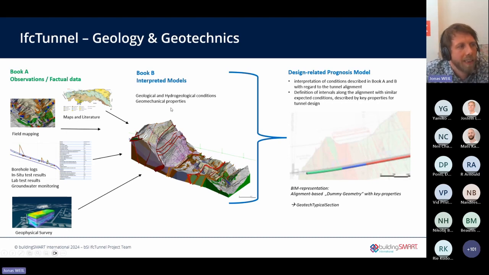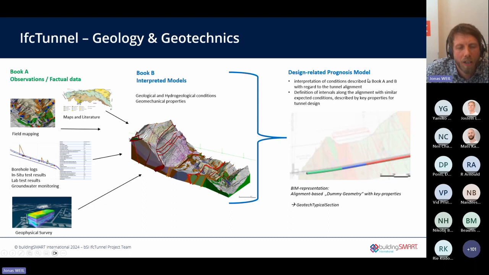Then the interpreted models include not only geotechnical layers, but also geological aspects. We go into detail on that. And with this example for a tunnel, we think it's most important to show the connection from a volumetric model to, for example, a linear structure like this tunnel, and to have a design-related prognosis model, to have a design-related element in your model scheme that describes certain conditions specifically for that building.